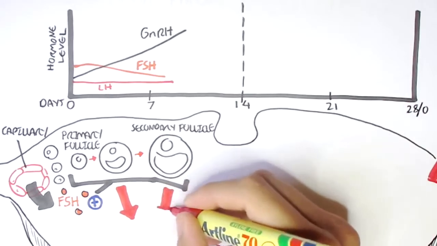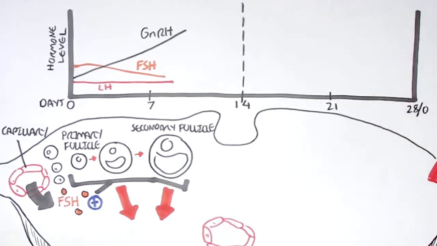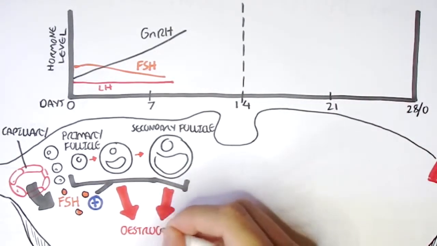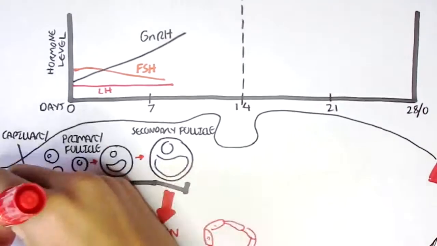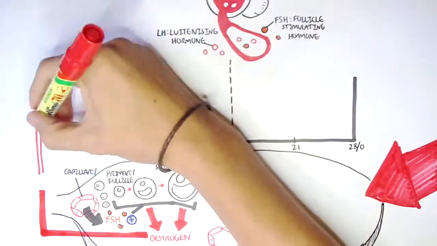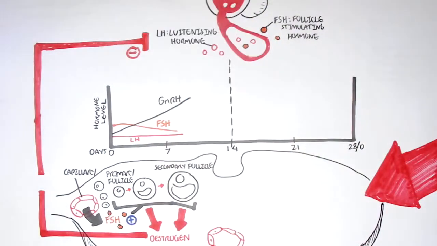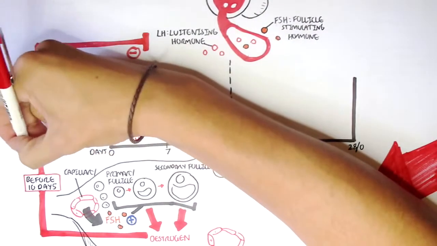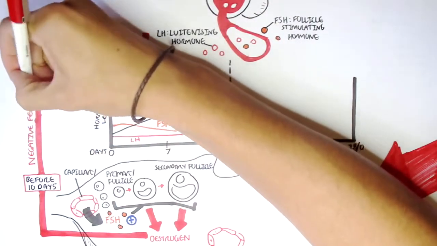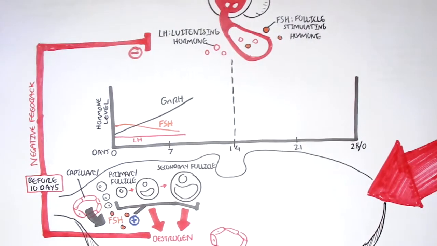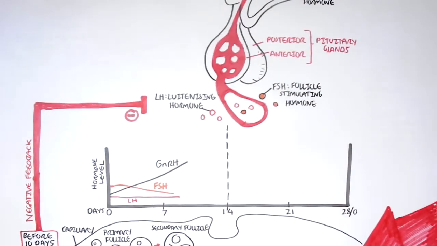While these follicles are maturing, they produce another hormone called estrogen. Now, estrogen has many effects. In the first 10 days of the menstrual cycle, so in the beginning, estrogen has a negative feedback on the pituitary gland, inhibiting the release of luteinizing hormone.